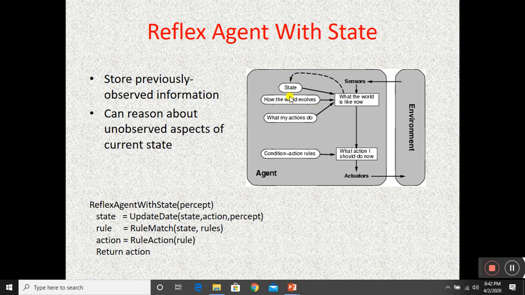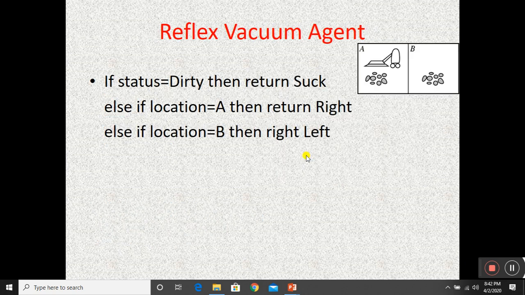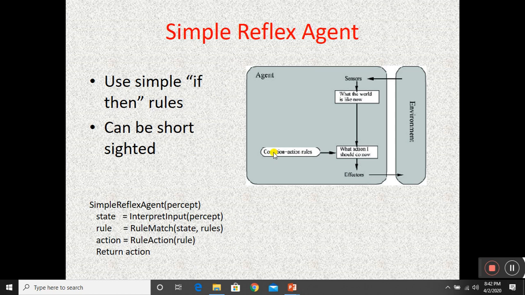So on the basis of these different equations or statements, what action should I do now? Definitely a condition, and there would be action rules. And one thing both of these agents have in common is that there is a condition and action rule.